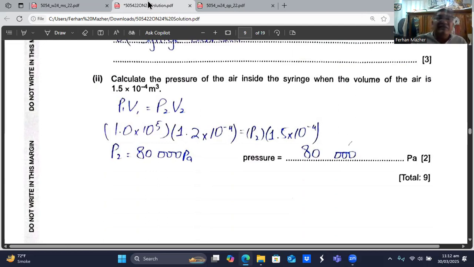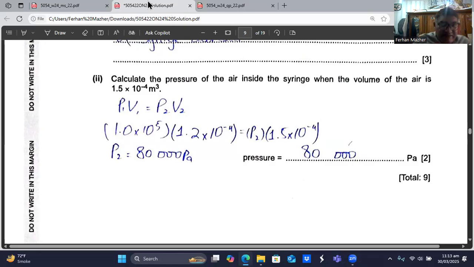Pressure and volume are inversely proportional. P1 V1 equals P2 V2, because when two quantities are inversely proportional to each other, their product remains constant. So P1 is 1 × 10^5 and V1 is 1.2 × 10^-4, equal to P2, which is the question, times V2, which is 1.5 × 10^-4.